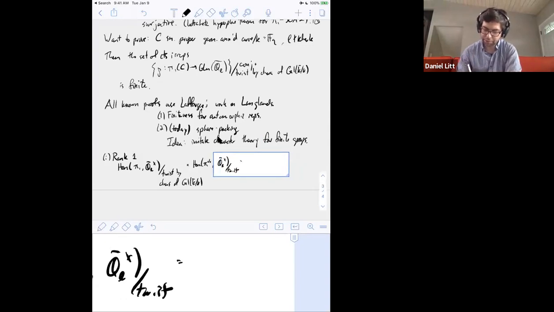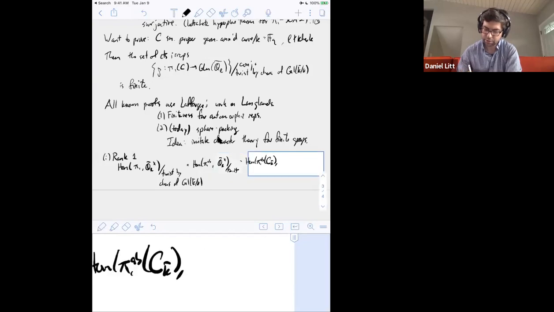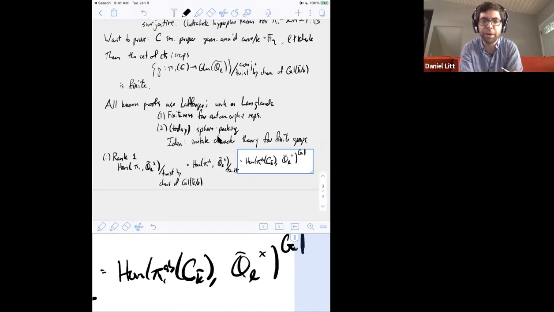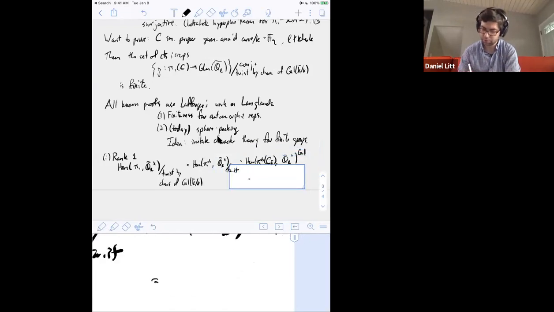So another way of writing this maybe is I'll say this is the same as Hom from the abelianization of pi1 of C K bar into QL bar cross, and the Frobenius fixed things, or the Galois fixed things. And now maybe it's easier to describe the abelianization of pi1 of C K bar. That I claim is just the Tate module of the Jacobian.